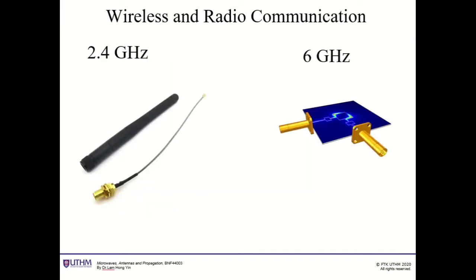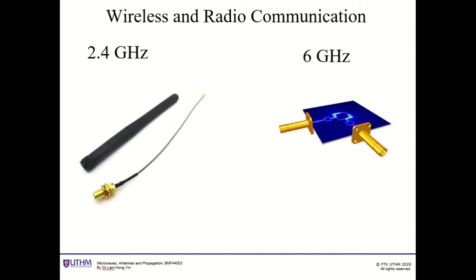This is another example antenna at 2.4 gigahertz. Usually you can see this type of antenna in your router or access point. It uses a monopole antenna, which is just a straight wire inside here to produce a frequency of 2.4 gigahertz. And this is at 6 gigahertz, which is basically in the microwave band.